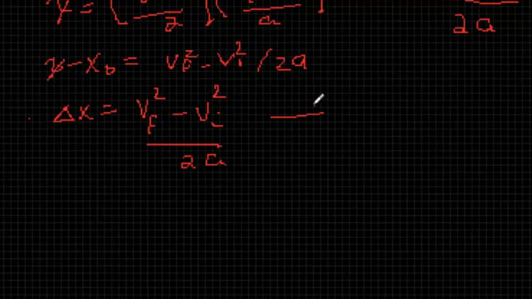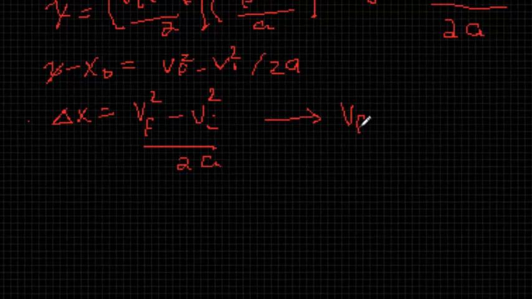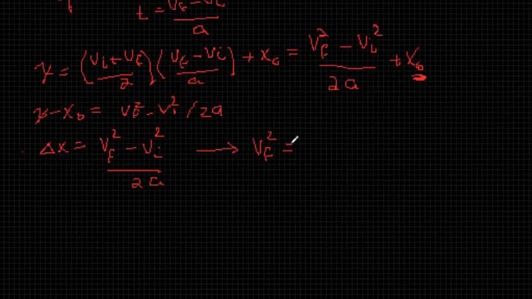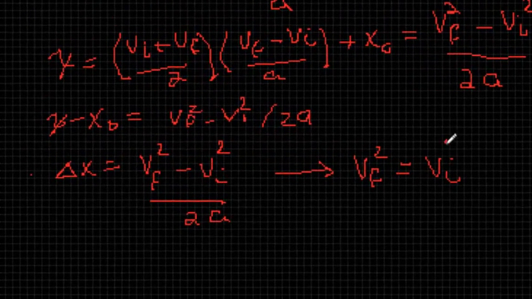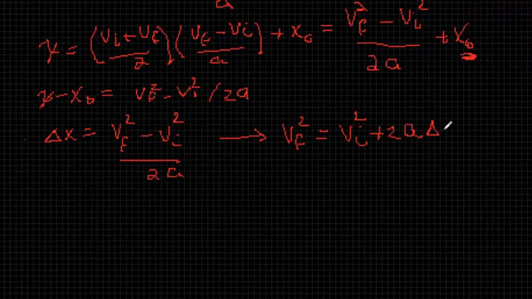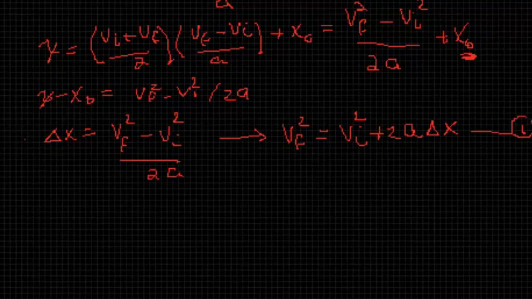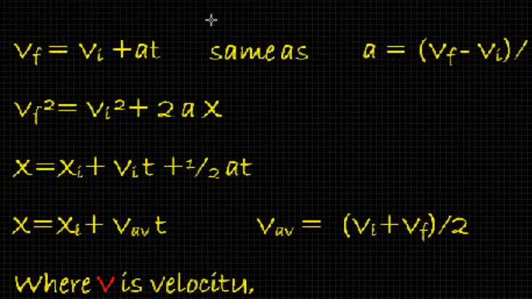And when you work this out, you'll have final velocity squared would equal initial velocity squared plus 2 times acceleration times change in distance. This is a good equation because it doesn't involve time. And this is this equation.